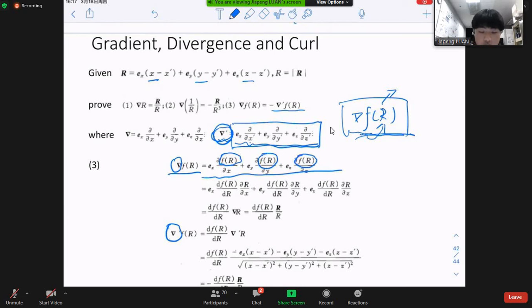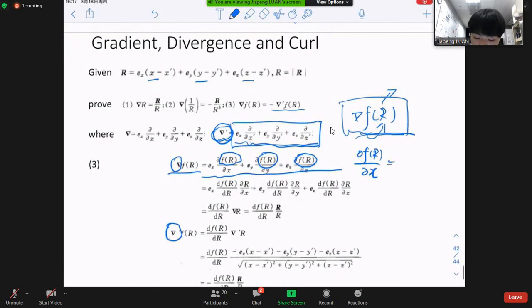And then I think you can solve this problem, because by this you can actually apply the chain rule. Right? And this is known from the question, right?